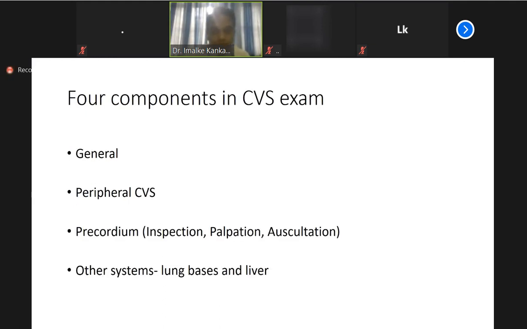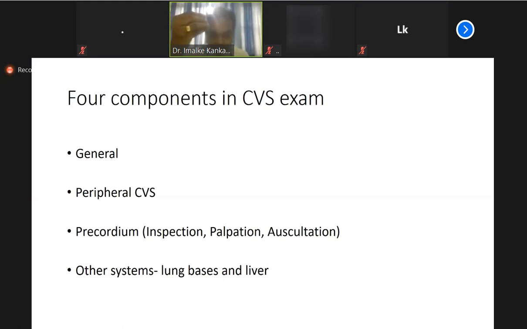So there are 4 components in the cardiovascular system exam. This is the way I classify, and I used to learn and I used to teach. I couldn't find these things in a book, but I classify like this: general examination and peripheral CVS means circulation, right?